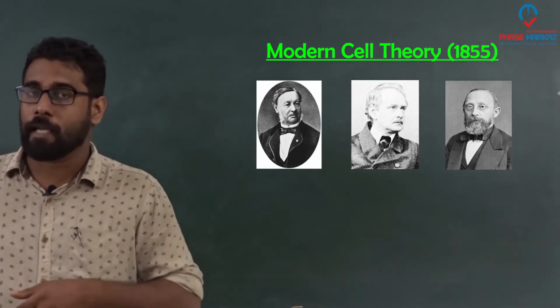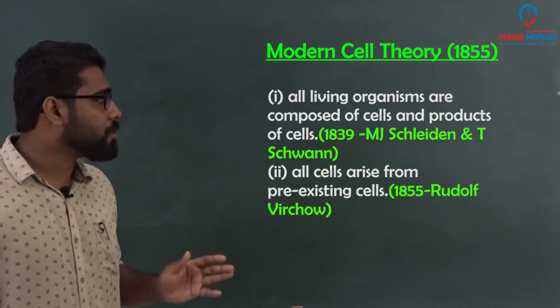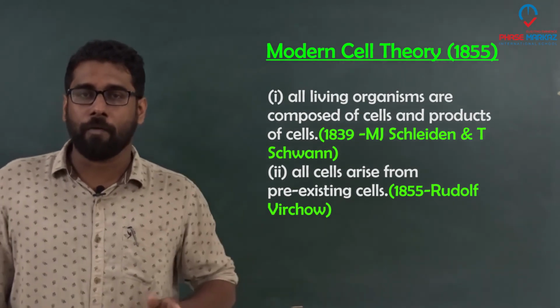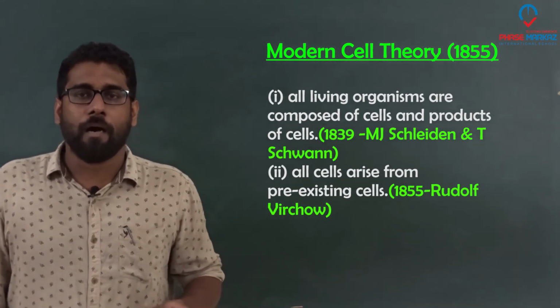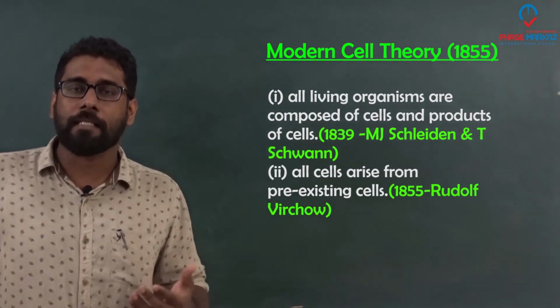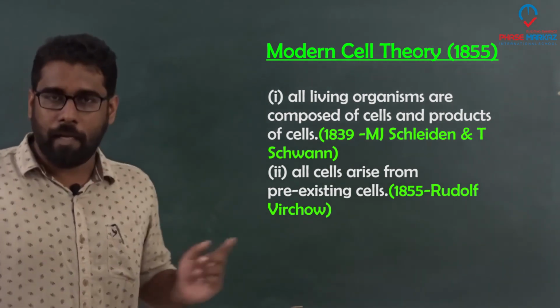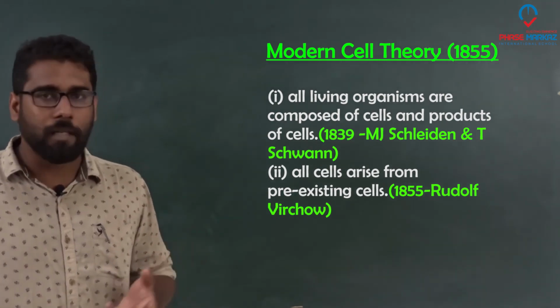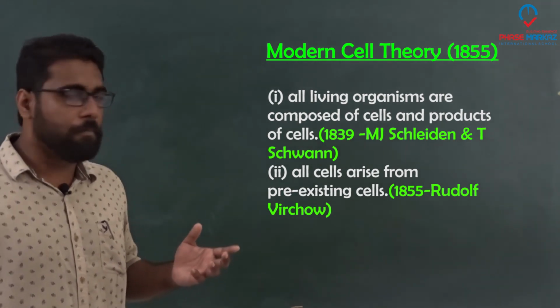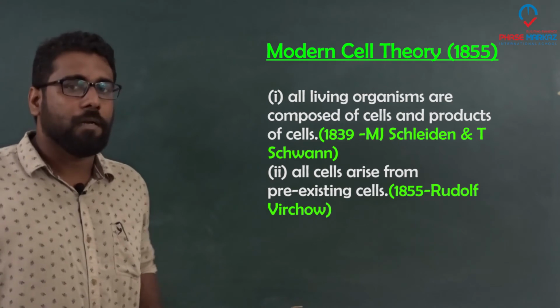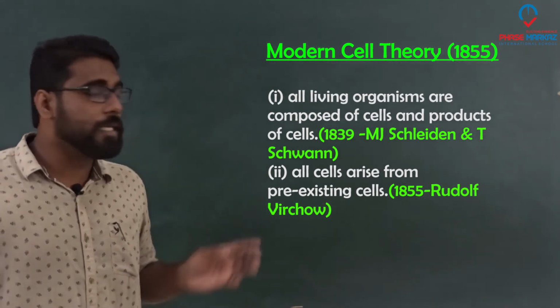What actually is the modern cell theory? It describes that all living organisms, including animals and plants, are composed of cells and their products. This is the first point. All organisms, all unicellular and multicellular organisms, are composed of cells and their products.